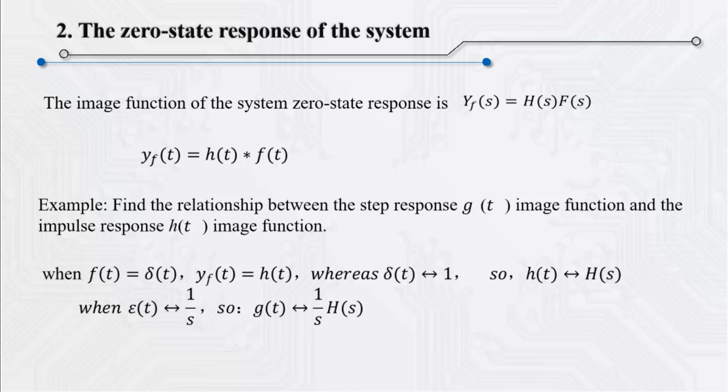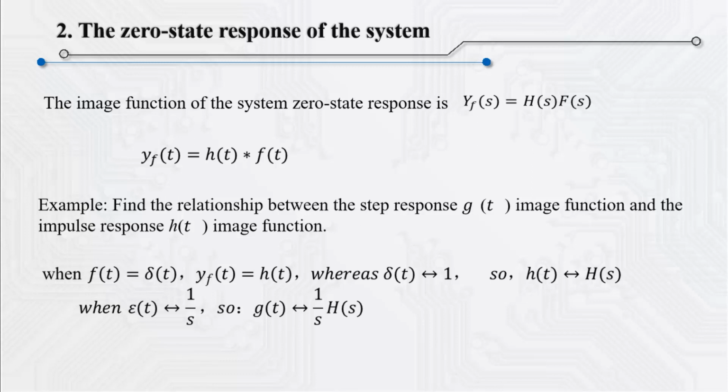Let's take a look at the relationship between the image function of the step response g(t) and the image function of the impulse response h(t). According to the definition of the impulse response h(t), when f(t) equals delta(t), the zero-state response is the impulse response. We know that the Laplace transform of delta(t) is 1. Then the image function of the impulse response is H(s).